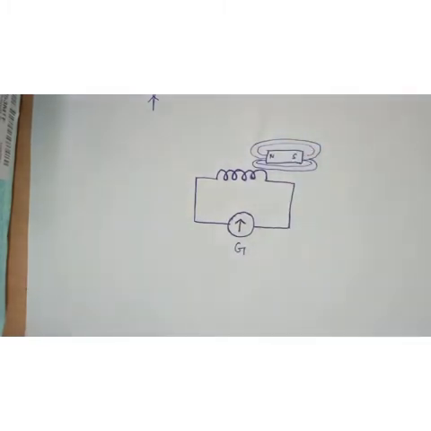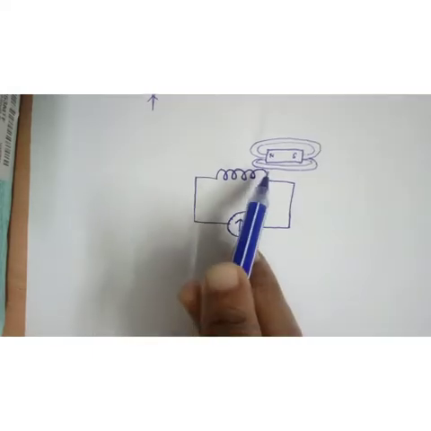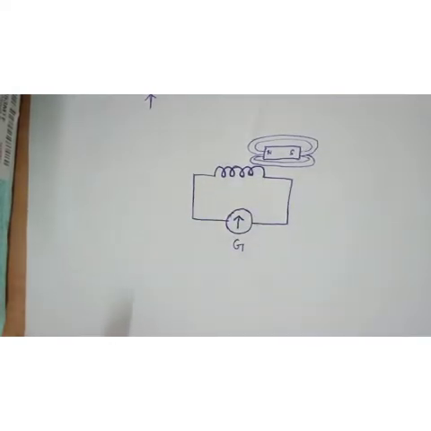Let's just forget about the direction or arrow marks or anything that can confuse you. For the time being, let's just know that it's a magnet and it has got magnetic lines of force around it.